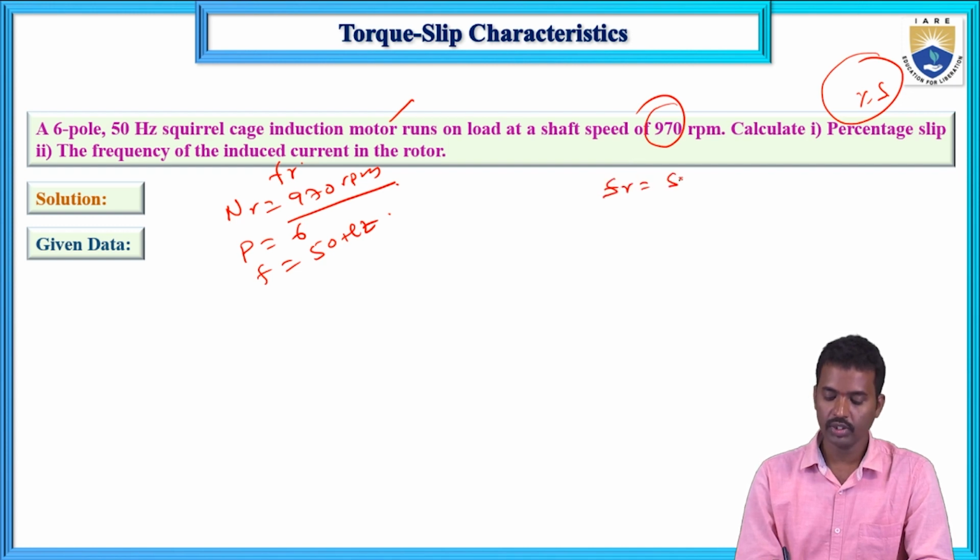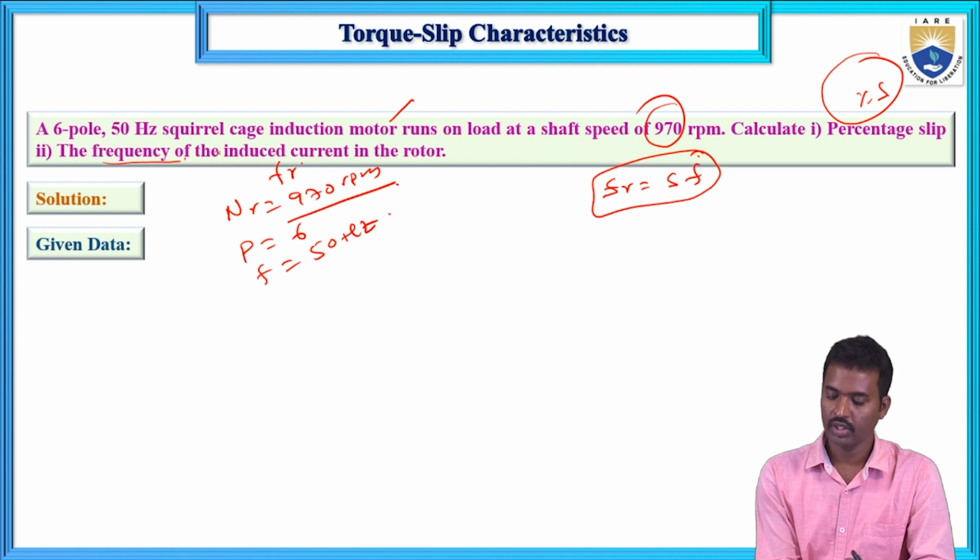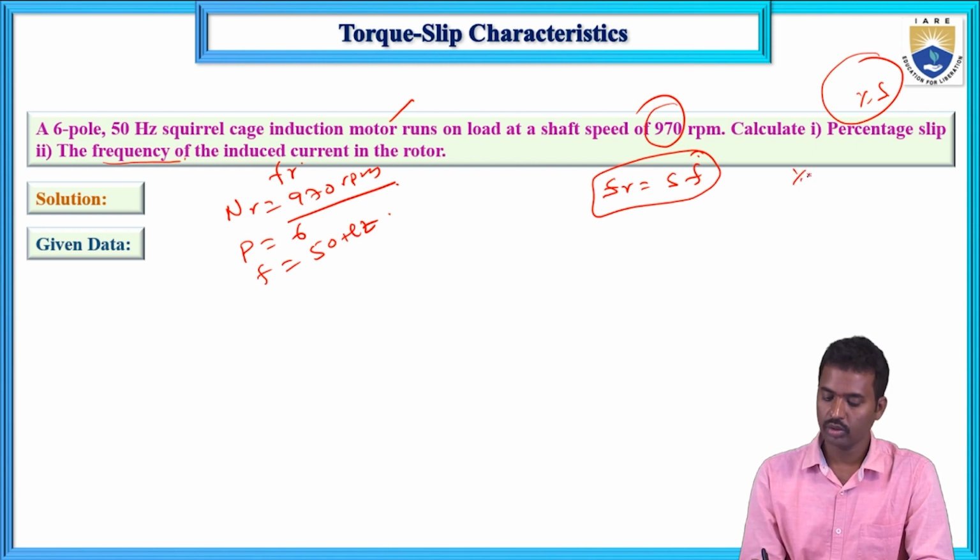FR equals S into F. Here F is the supply frequency, S is the slip, and FR is the rotor frequency. Percentage slip equals NS minus NR divided by NS into 100. Now what about NS?